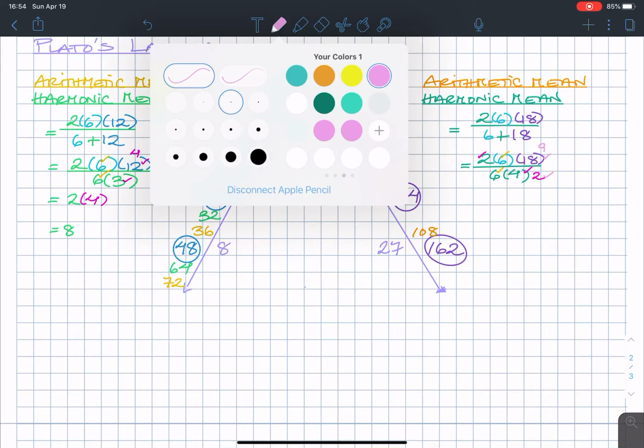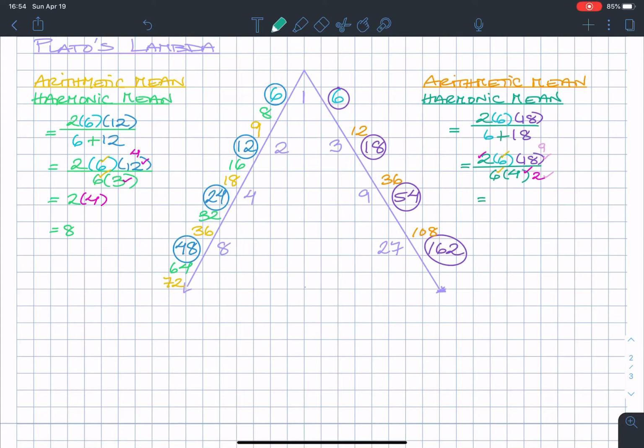So I actually get that the harmonic mean, the first harmonic mean, on the right is 9. And without further ado, I bet I just triple each of the subsequent terms. Right, etc. Okay. So I said I wanted to show you something else.